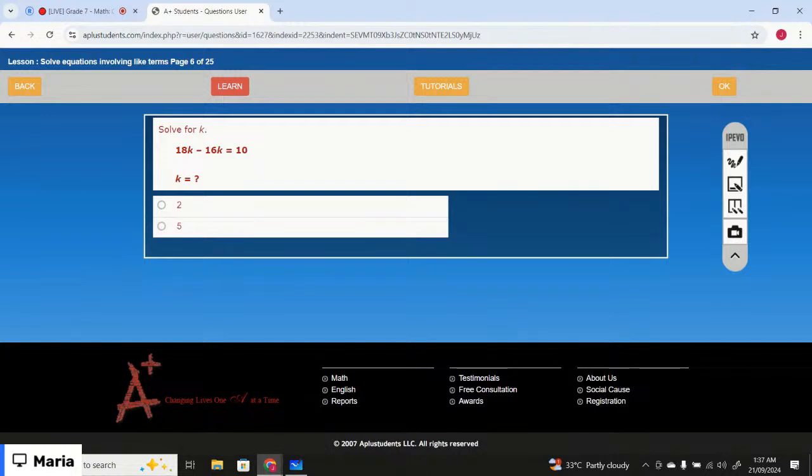Solve for K. 18K minus 16K equals 10. So which is the correct option?